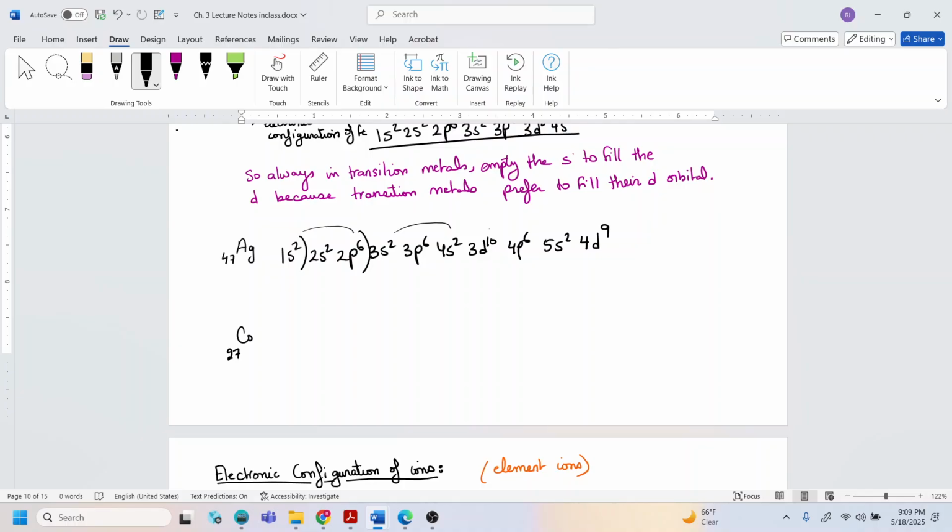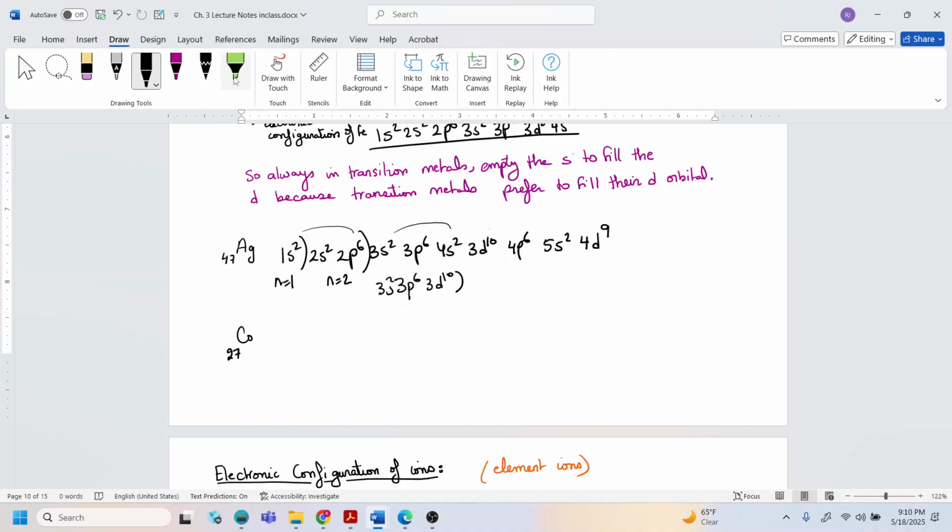Now, after you do this, we arrange in shells, n equal to 1, n equal to 2. Arranging the n equal to 3, this is the 3s2, 3p6, and the 3d10. So this is n equal to 3.